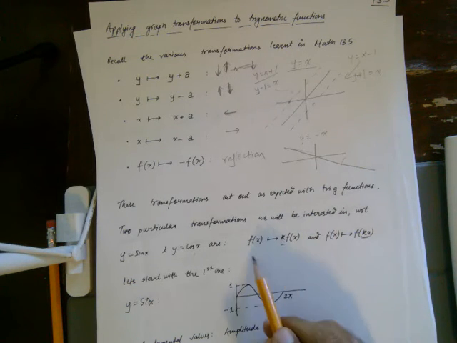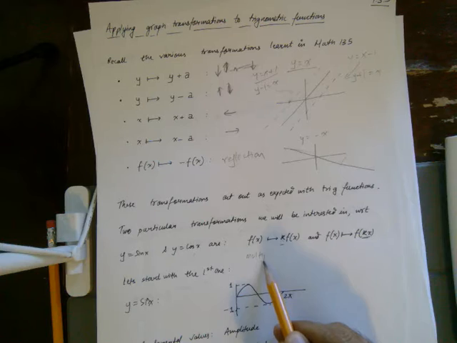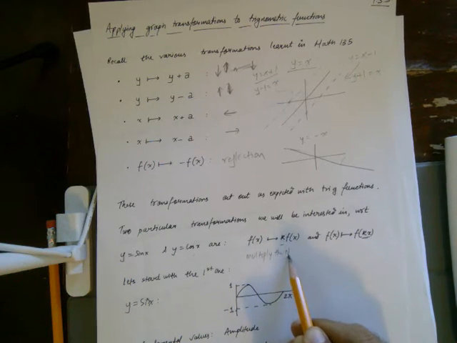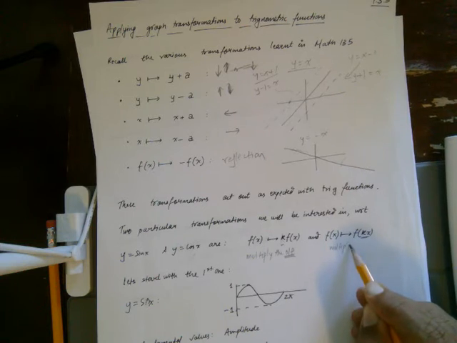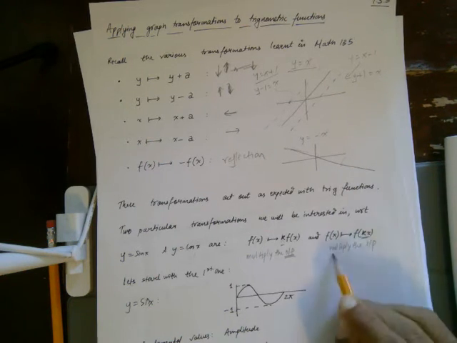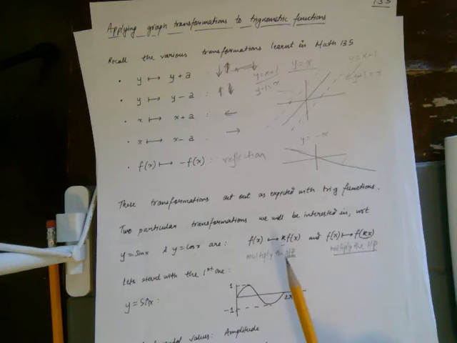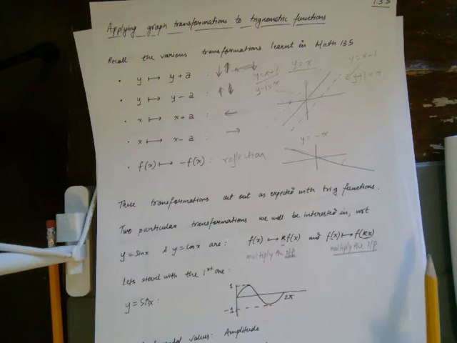So here the key difference is you multiply the output, and here you multiply the input. So you're trying to see how the function changes when you multiply the output, and then you're also trying to see how the function changes if you multiply the input.